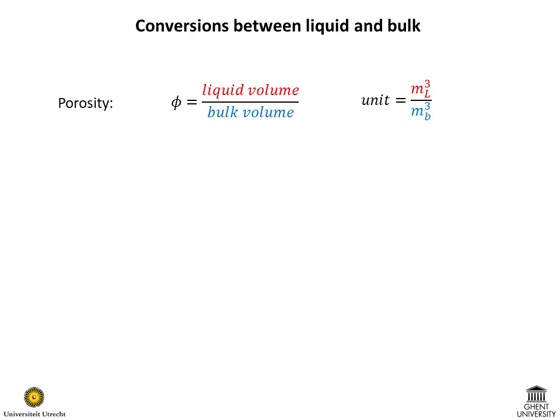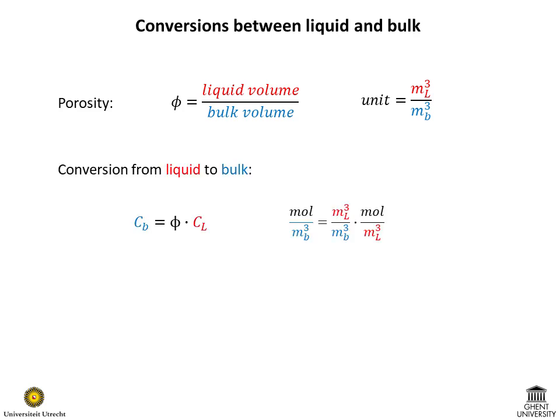To account for the effect of porosity in the mass balance equation, we must carefully consider the relationship between the concentration expressed per volume of the bulk and per volume of the liquid phase. These relationships follow directly from the definition of porosity and from a careful analysis of units. Specifically, to calculate the concentration in moles per cubic meter of bulk space, we need to multiply the solute concentration in the liquid phase with the porosity.